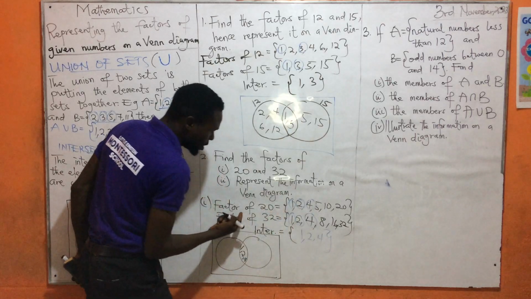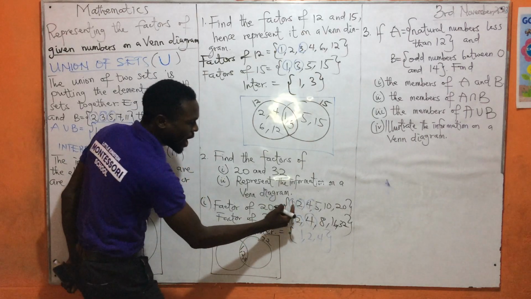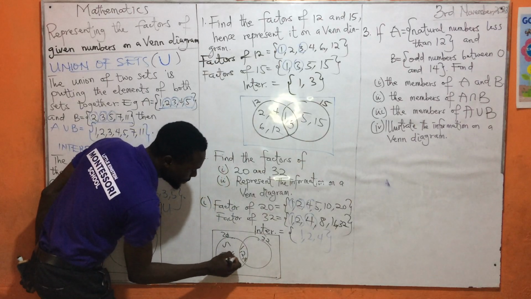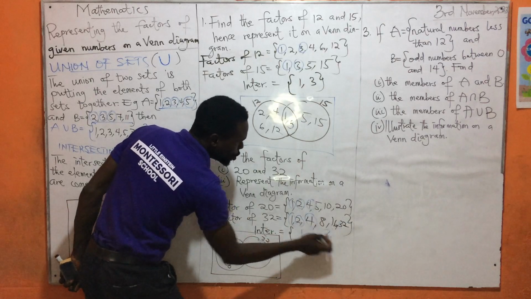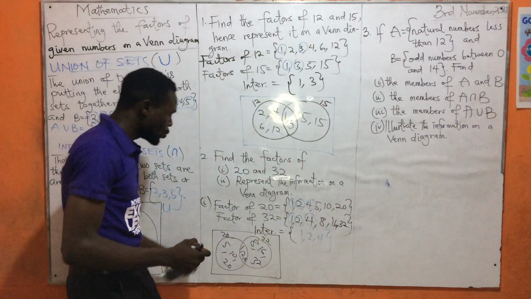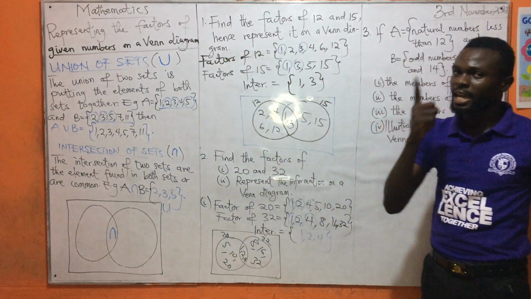Then for 20, you write a 20 here, and a 32 here. 1, 2, 4, we've already written it. So we are left with 5, 10, 20. Then we've also written 1, 2, 4, so we are left with 8, 16, 32. So we have represented the information on a Venn diagram.